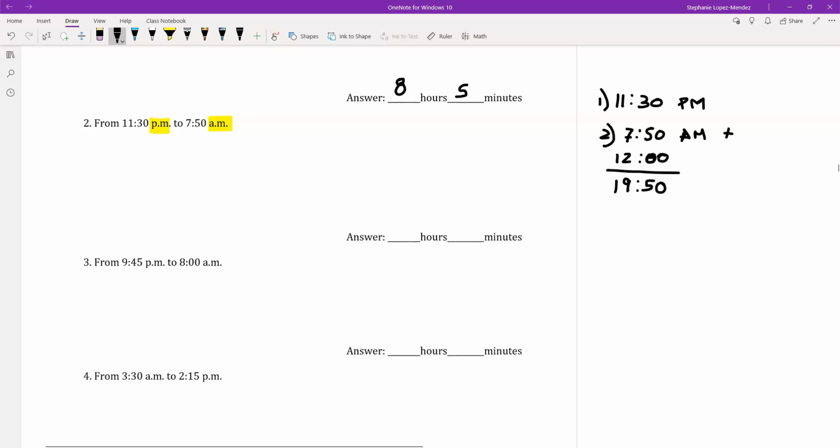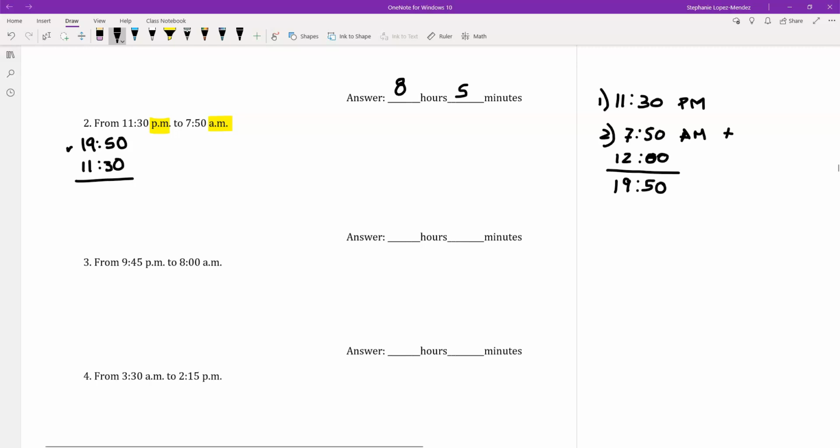I come and I rewrite. 19:50 is now greater than 11:30. So I write 19:50 first, and then I write 11:30. We need to check, is 19 greater than 11?